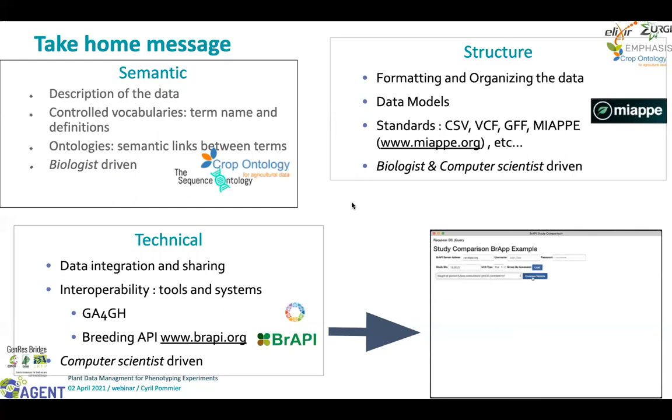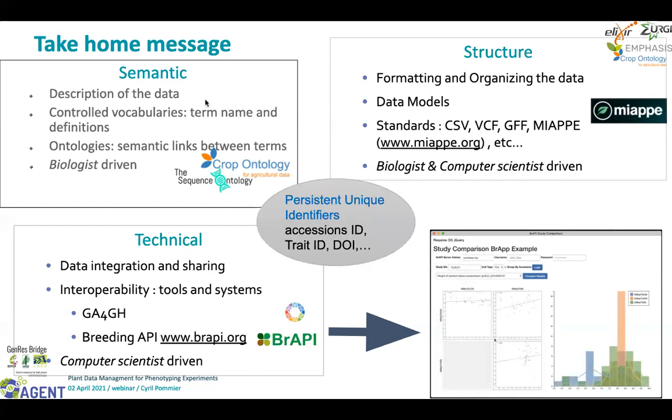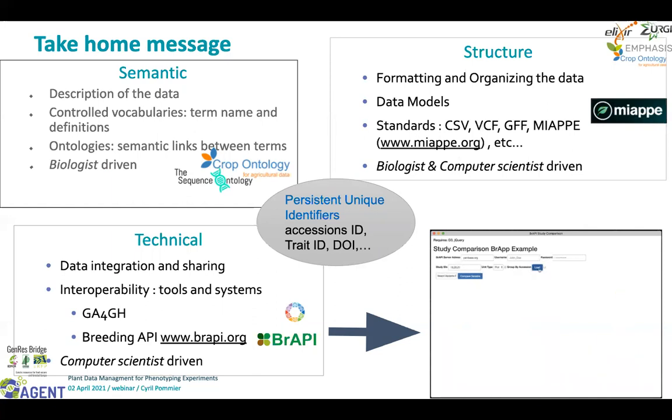So, to summarize, by working on the different levels of plant data standards, semantics from crop ontology, structure from MIAPPE, you ensure that your datasets are truly understandable and reusable by everybody, including yourself.